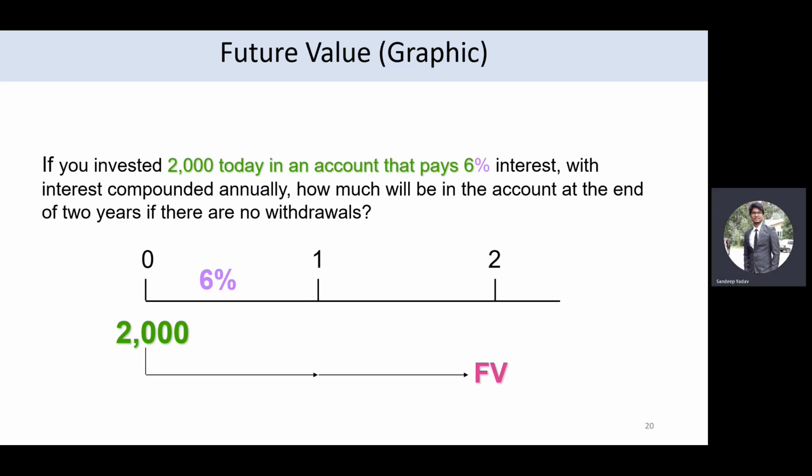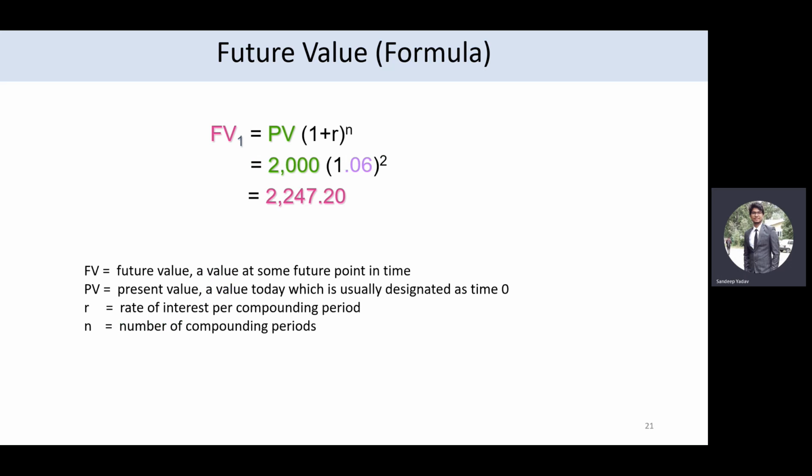Now let's see another example. The future value formula: FV equals present value multiplied by (1 plus the interest rate) for the number of periods.